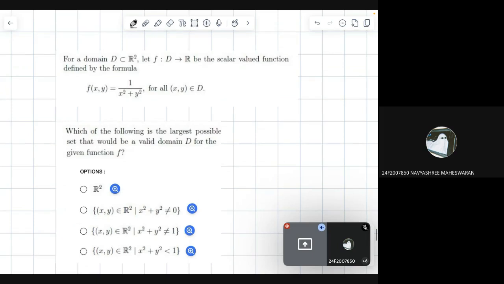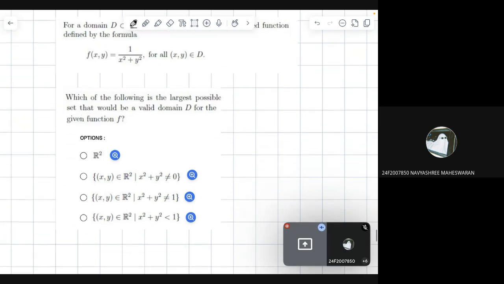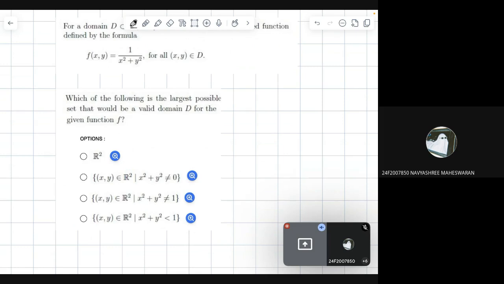Right, now moving on to the next question. We have this particular function here, f(x,y) is equal to 1 by x square plus y square, where (x,y) belongs to D, where D is a subset of R2, and f is a function from D to R. Now we have to say which of the following is the largest possible set that would be a valid domain D for the given function f.